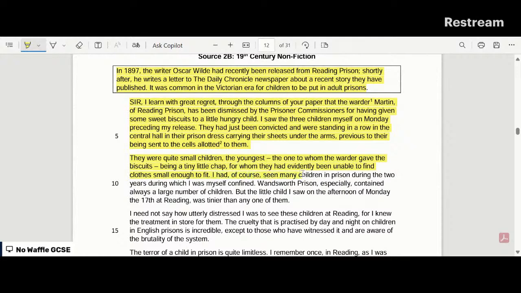I had, of course, seen many children in prison during the 2 years during which I was myself confined. Wandsworth Prison, especially, contained always a large number of children. But the little child I saw in the afternoon of Monday the 17th at Reading was tinier than any one of them.